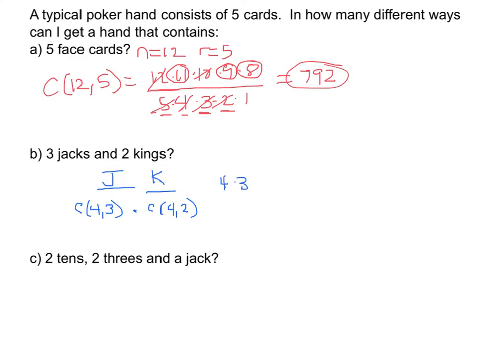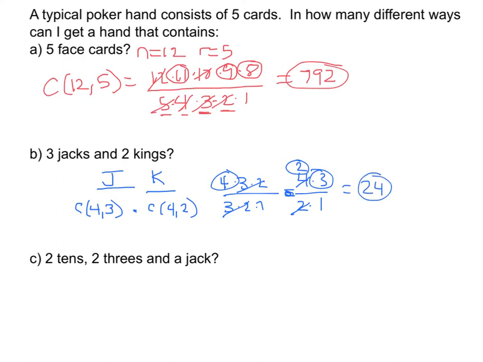And so we've got 4 times 3 times 2 over 3 times 2 times 1, and 4 times 3 over 2 times 1. The 3 and the 2 can cancel. Here the 2 can reduce with the 4, and so all we're left with is 4 times 2 times 3, which is 24. So there are 24 different hands that can be made from 3 jacks and 2 kings.